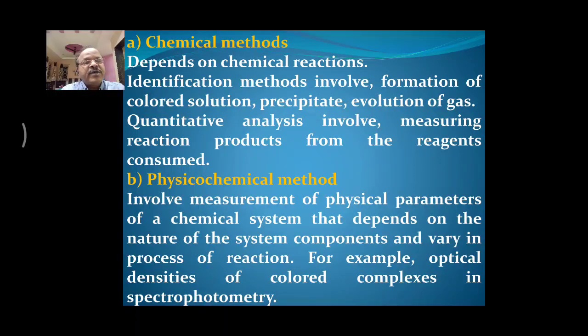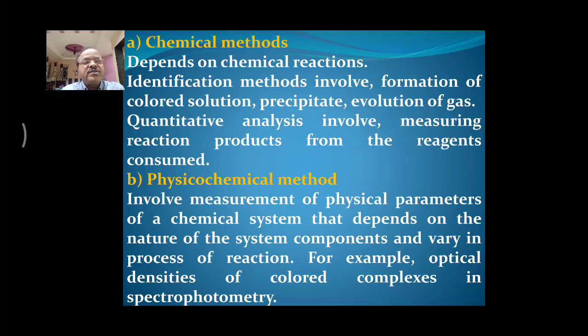So the percentage yield of the reaction, or the percentage yield of the product C, will be 80%. So this is how we can carry out the quantitative analysis just by measuring reaction products from the reagents consumed. B, the second method, physicochemical method.